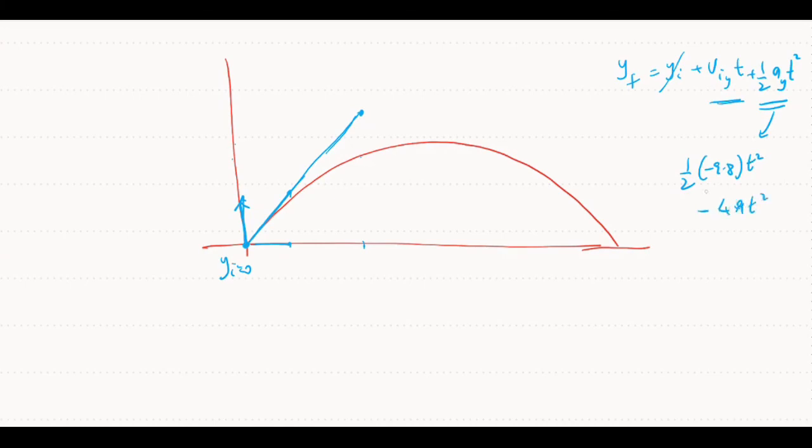So that term is making the y lower. It reduces it. This distance that it falls down is 4.9 t squared. So it's a way of thinking that the particle goes straight up to here, then it falls down, and from here it goes this way and then it falls down. So it's constantly going up and falling down.